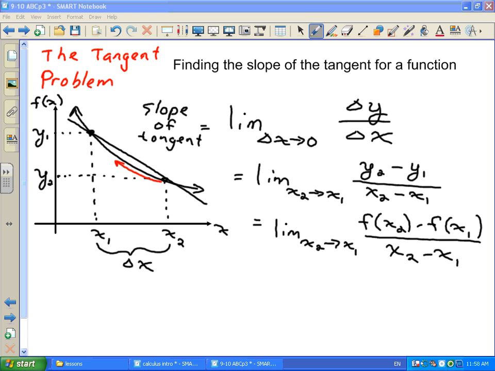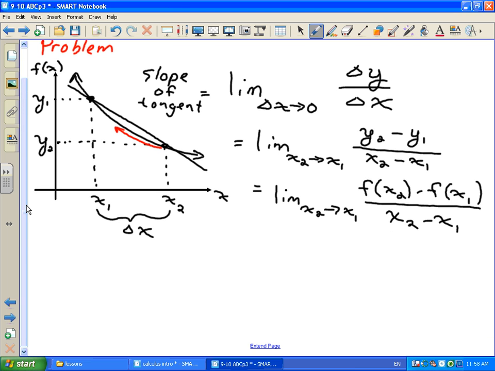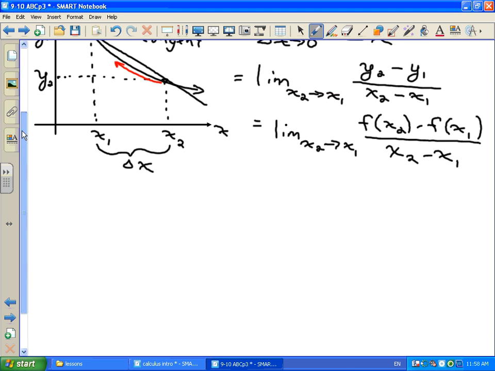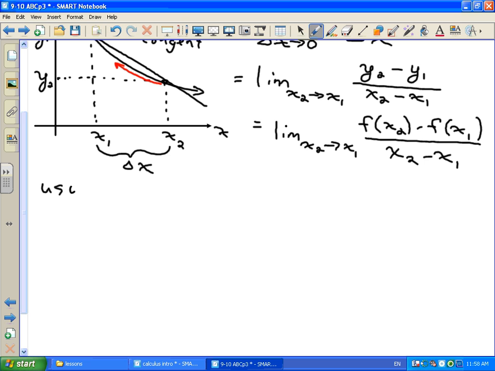Okay. So normally when we're given this sort of question, we're usually given a value of x, an x value. Okay? So we want a specific value of x where we want to know what the slope of the tangent is.